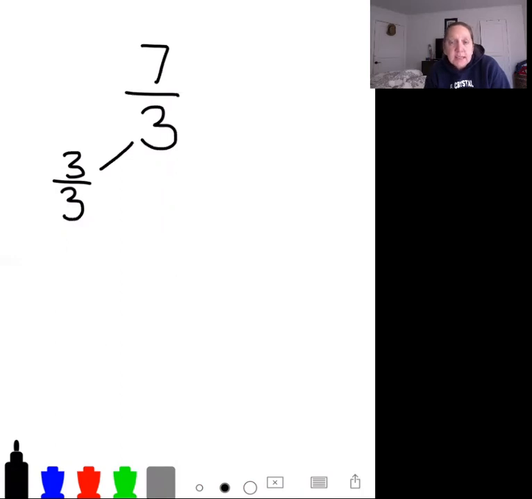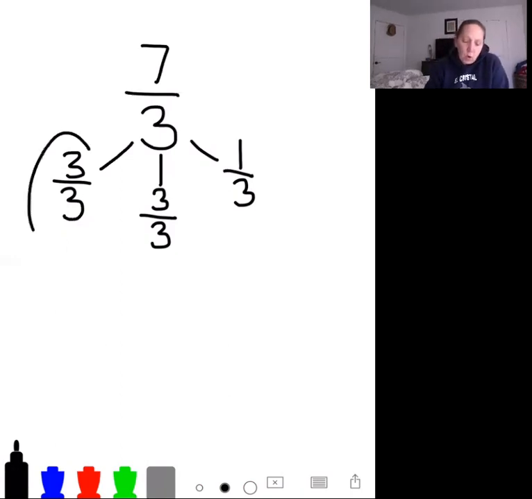So that means I can still take away another 3 thirds. So now I have 3 thirds plus 3 thirds, that's 6 thirds. How much would be left? 1 third. So again, we're using that number bond idea here.